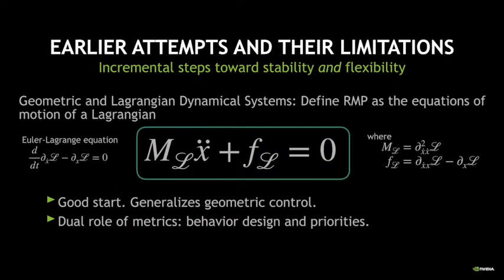But it also, in this context, has to play the role of designing part of the behavior itself, so designing part of the policy. So in this case, it's both for behavior design and priority. In many cases, we don't have enough flexibility in that metric for it to play that dual role.